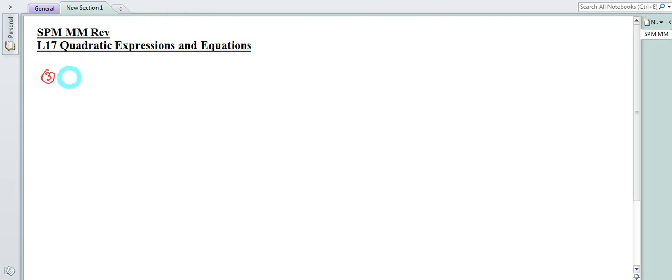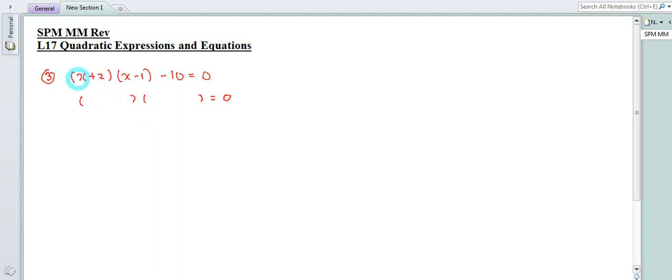Okay, so we look at number 3. X plus 2, x minus 1 minus 10 is equal to 0. Okay, here you see, you have a negative outside the bracket. We need to do until we get this.